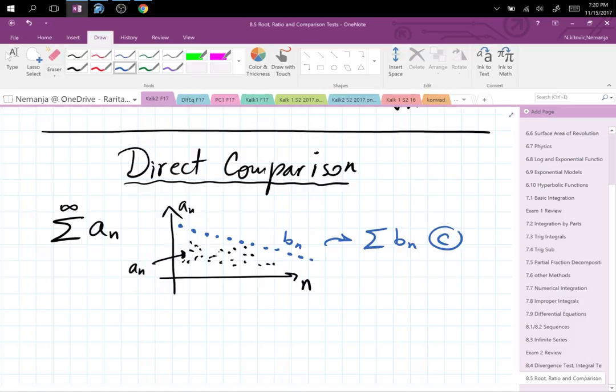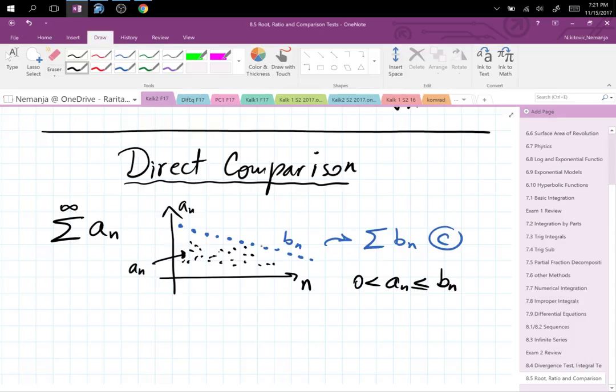And now we apply common sense. Since your an is squeezed in between 0 and bn, then the summation of an must also converge because the summation of bn converged. Does this make any sense? You have some chaotic an, and you are able to bound that with a different sequence whose series converges. So yeah, it's similar to the squeeze theorem.